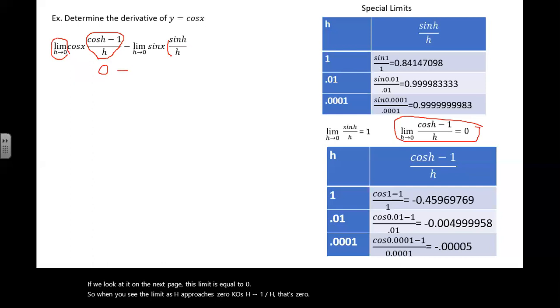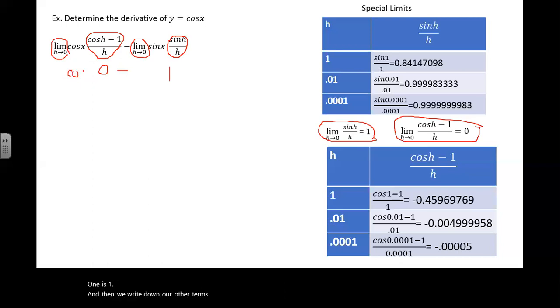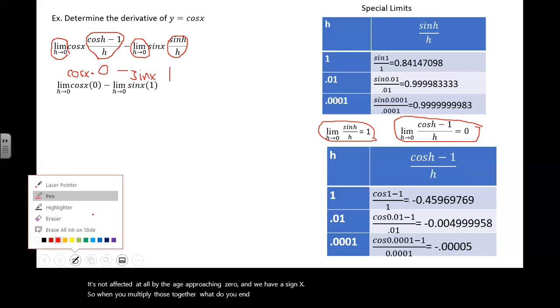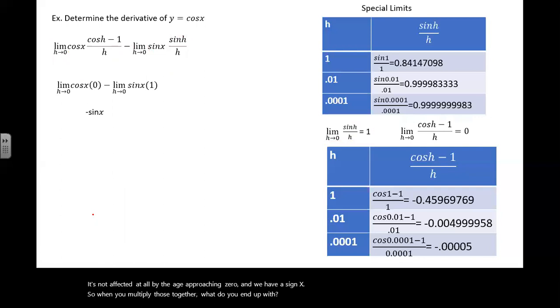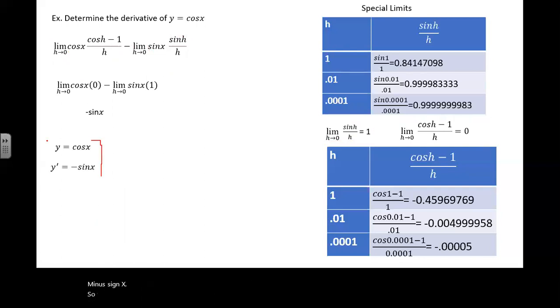This limit, sine h over h as h approaches 0, is 1. And then we write down our other terms. We have a cos x, which is not affected at all by the h approaching 0. And we have a sine x. So when you multiply those together, what do you end up with? Minus sine x. So the derivative of cosine is minus sine.